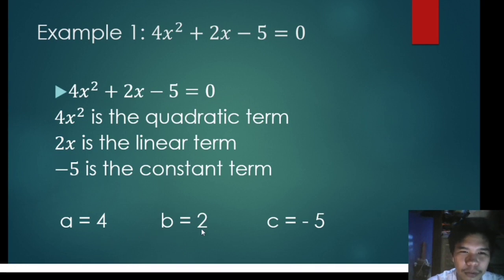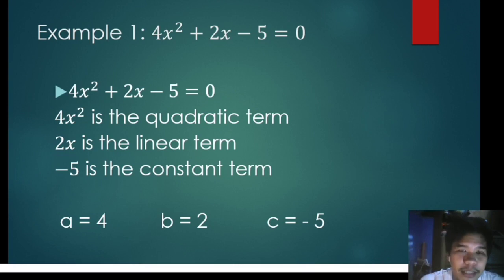B is equal to 2 since the numerical coefficient of the linear term x is positive 2. So the value of b is 2. And finally, the value of c is equal to negative 5 since the value of our constant term is negative 5. So you just copy negative 5 from the given. So that will be our c equal to negative 5.